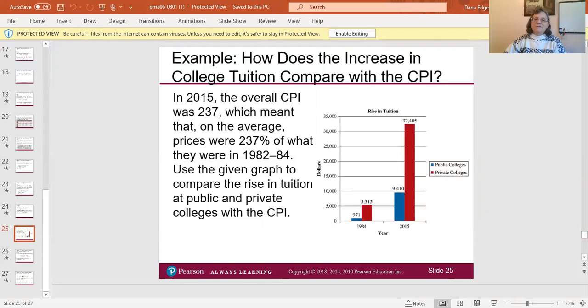So they want to use the graph to compare the rise in tuition at public and private colleges with the CPI and see if this increase percent was at 237% or above or below. And they're splitting it up between public and private.